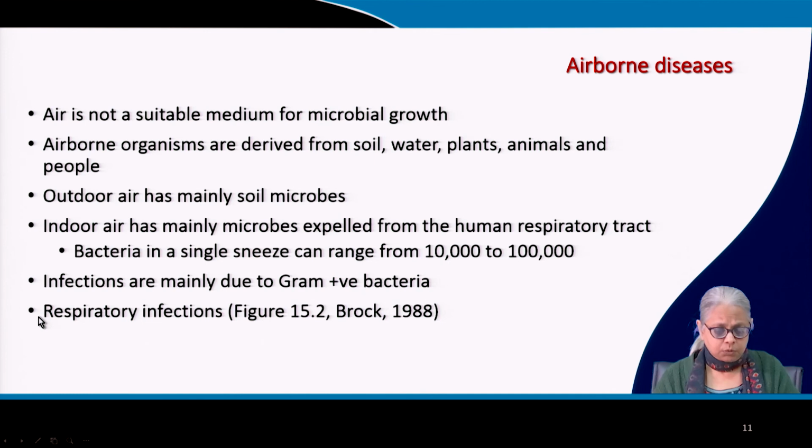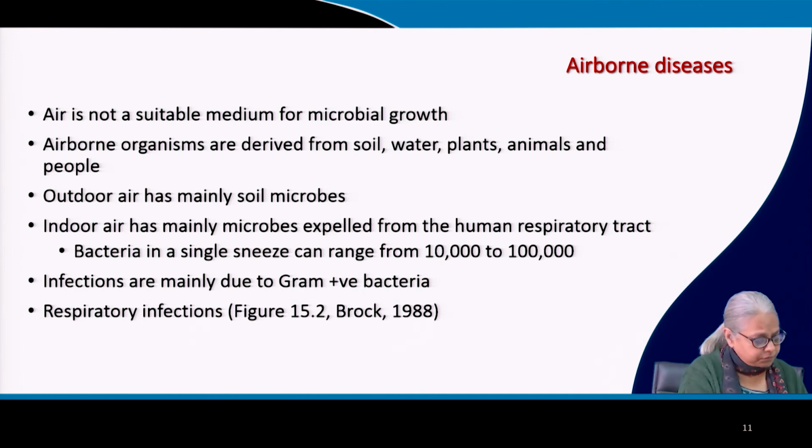And I will also mention another schematic that is there in the textbook of respiratory infections, and I'll just mention some of the common respiratory infections that are mentioned in this figure. So the nasal cavity is often colonized by Staphylococcus aureus. This is a pathogenic species.